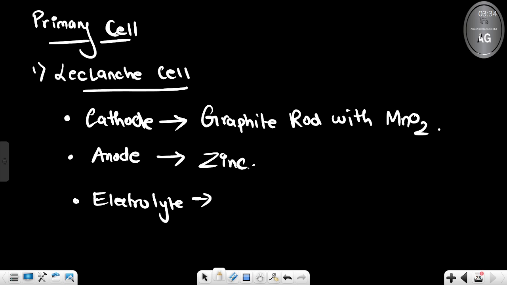Also mention charcoal: graphite rod surrounded by MnO2 and charcoal or carbon. Anode made up of zinc. The electrolyte that we will be using will be NH4Cl and ZnCl2 mixture. This will be my electrolyte.